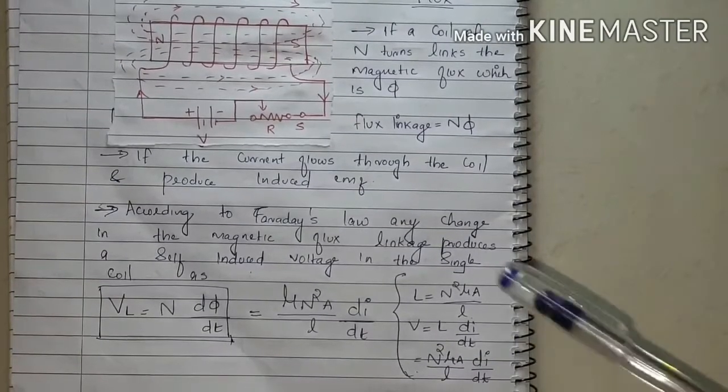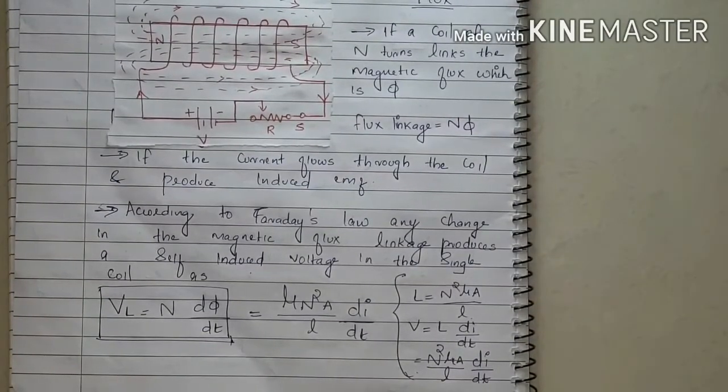This induced voltage can be written as VL equal to capital N d phi by dt, that is, rate of change of magnetic flux into N number of turns, which can also be written as mu n square A by L di by dt.